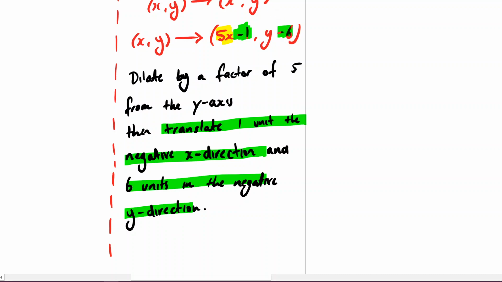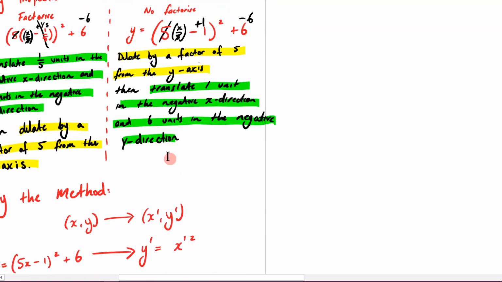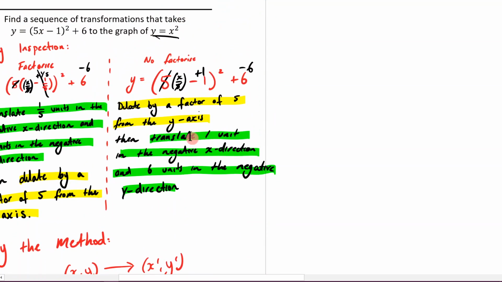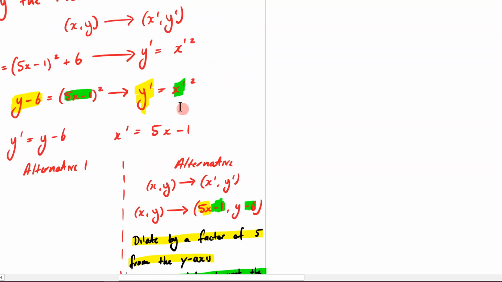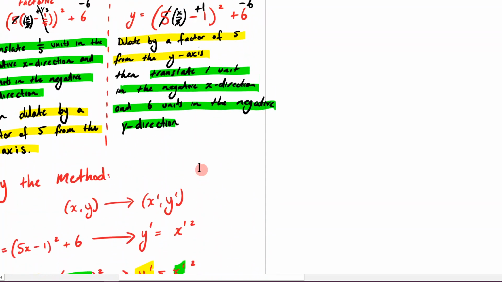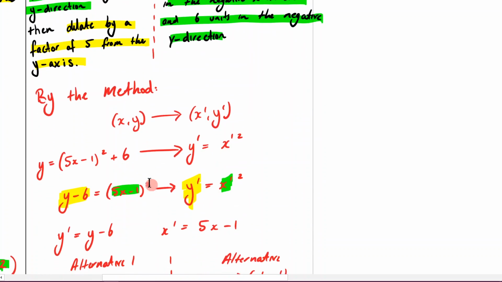But before I did that, I dilate by a factor of 5 from the y-axis. So you can see I'm just reading it straight off that, and doing it by this method corresponds to what we saw up here. That is the same as that. And as you can see, doing it by the method, you're just a bit more secure in what you're doing, at least in my opinion. Doing it by inspection leaves some room for error sometimes. You're more likely to make a mistake maybe.